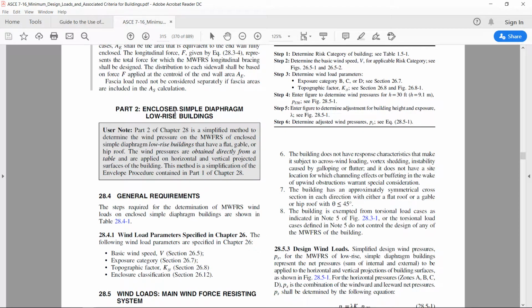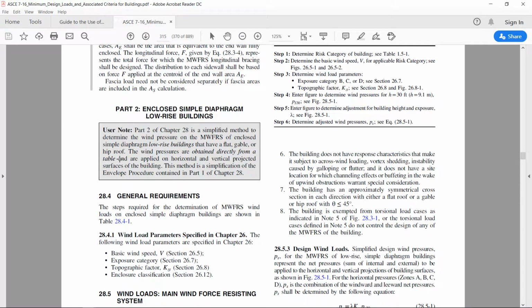Low-rise means it should be less than 60 feet high. The height should be less than 60 feet. It says part 2 of chapter 28 is a simplified method to determine the wind pressure on the main wind force resisting system of an enclosed simple diaphragm low-rise building that has a flat, gable or hip roof.